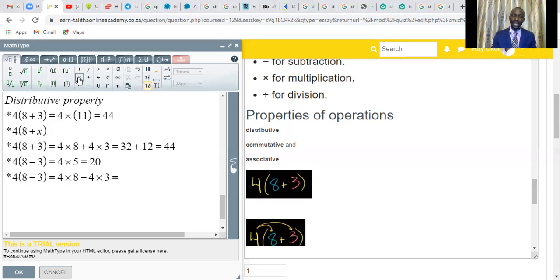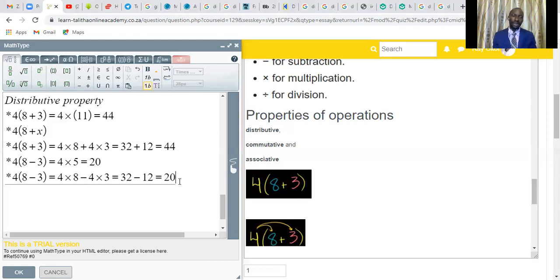And from it, we get 32 for what? For 4 times 8, minus 12 for what? For 4 times 3. And this then simplifies into 20. Well, that is what we got here. And it's also what we are getting this side.